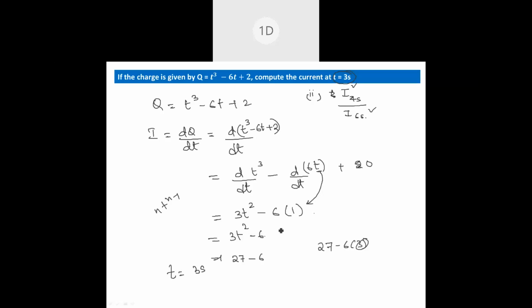No, still they won't get 2. I don't know how they got. The ratio I've got is 21 is to 51, ma'am. In the ratio I4 by I6, let's see.